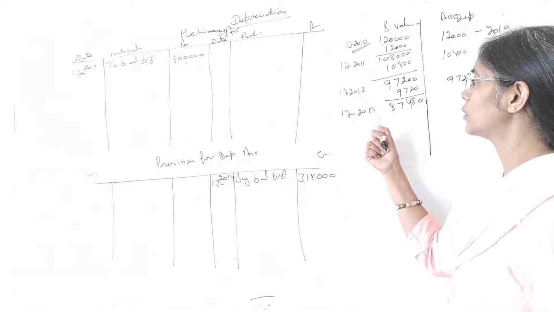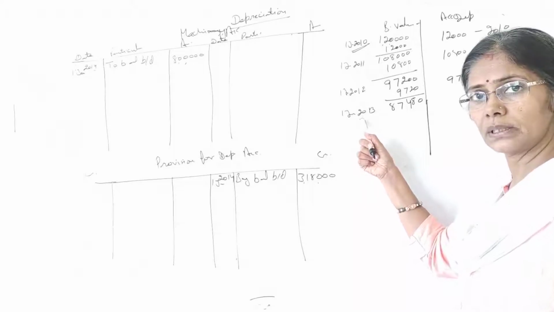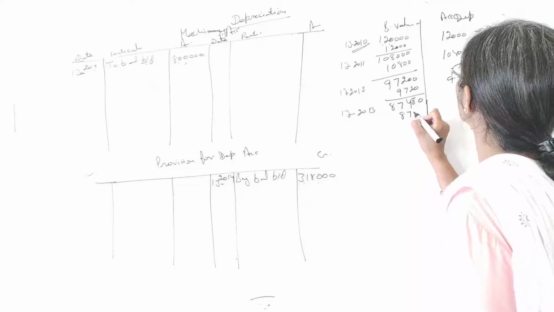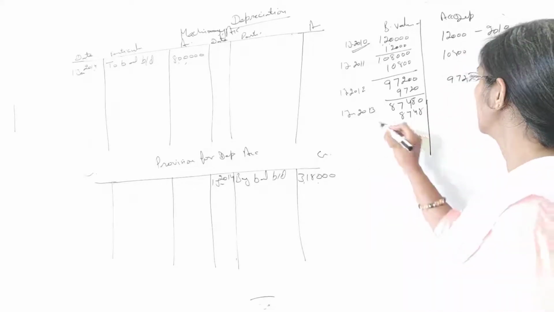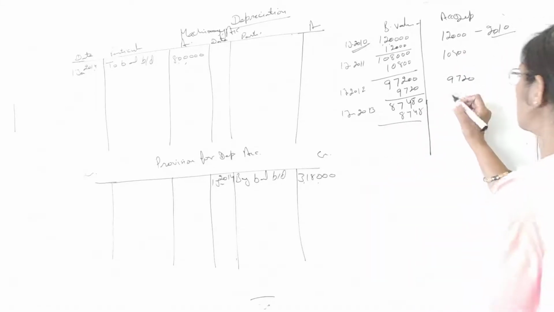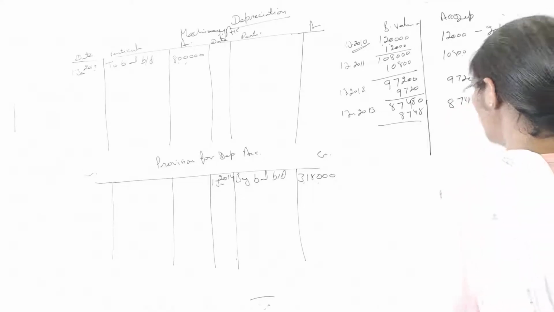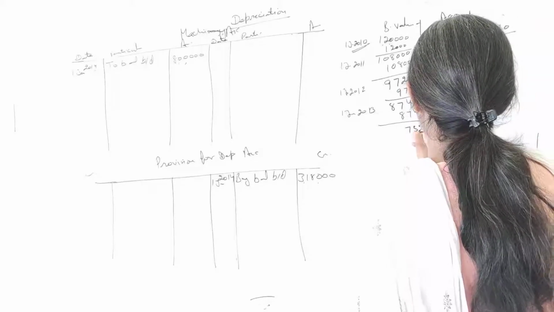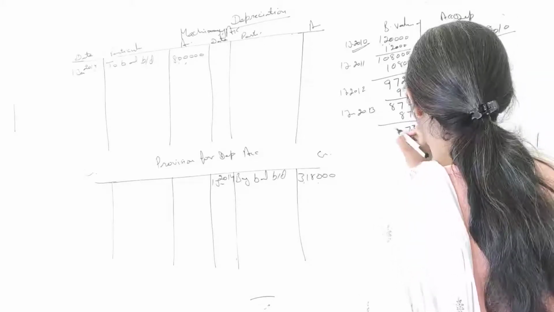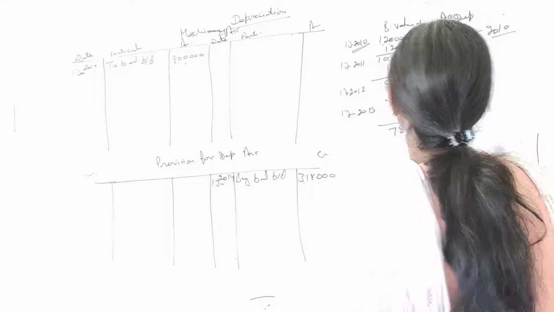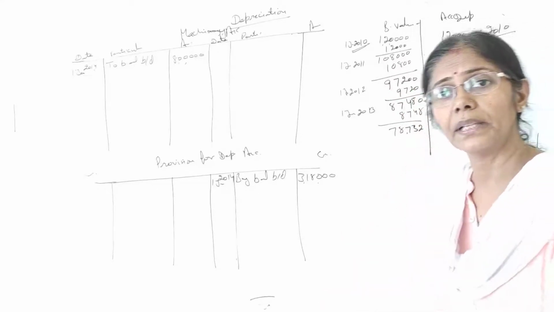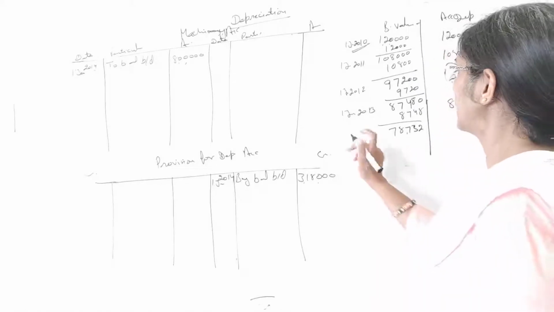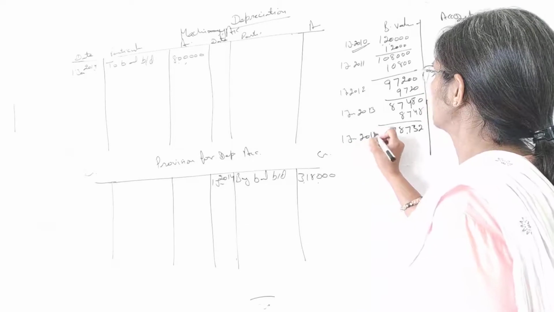Now this year ends on 31st December 2013. How much depreciation? 10% of this, 8748. Alright. So this is the amount of depreciation I'm writing here, 8748. And its written down value is 78,732. Here we have charged the depreciation. So this value is on 1st January 2014.